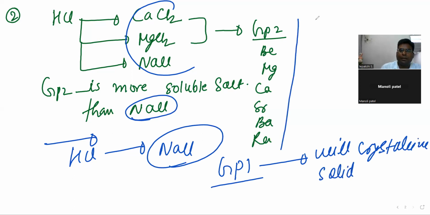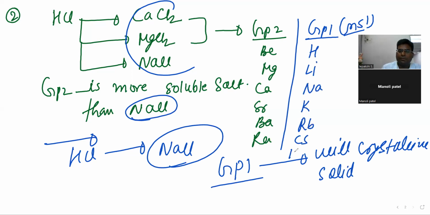In group 1, the general formula is ns1. So it will be hydrogen, lithium, sodium, potassium, rubidium, cesium, francium. So this comes under group 1.